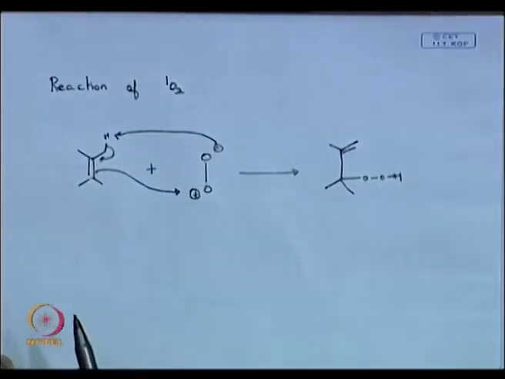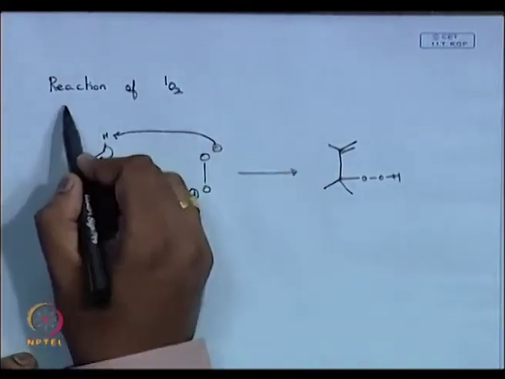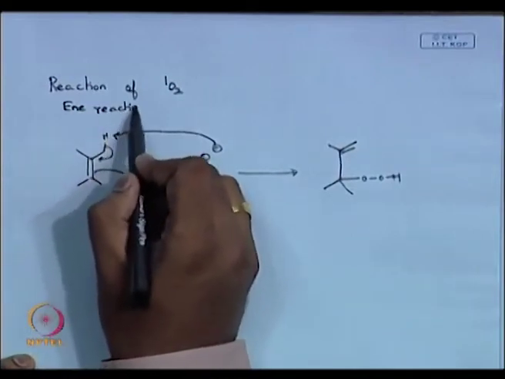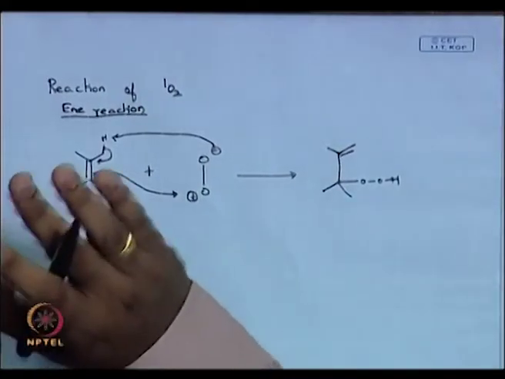It is the ene reaction. This is the first reaction. You can see a lot of ene reactions happening with singlet oxygen. It is a very good example. There are many examples where singlet oxygen does ene reactions.